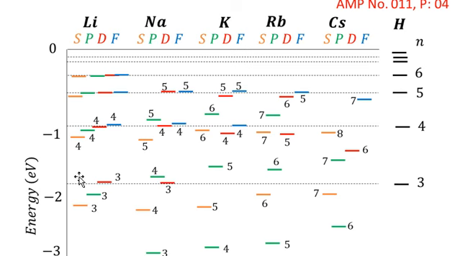So you see that these three states are labeled with the principal quantum number 3, and their energy positions differ because of the different orbital quantum numbers. The dotted lines give you the reference line of the hydrogen atom for the principal quantum number 3.